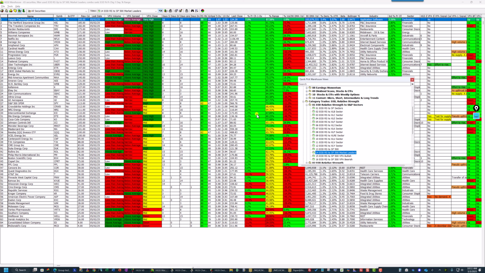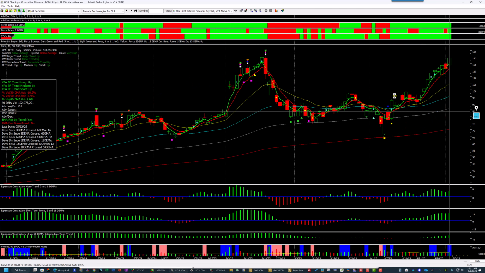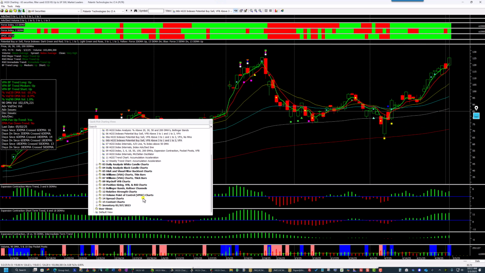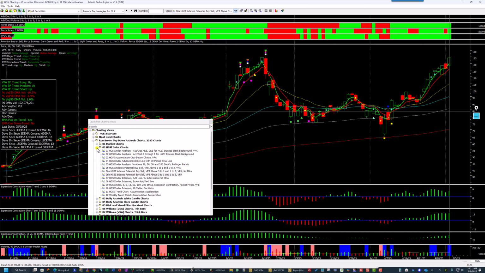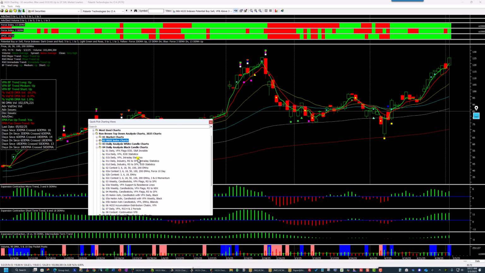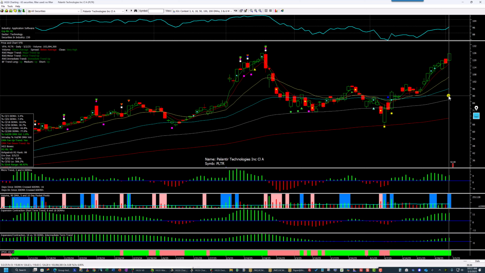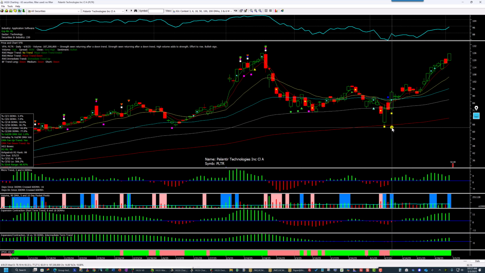Let's just bring PLNTR up, and I can get out of this chart because I don't need the internal information anymore. And I'll just go to my black charts here, and I'll use the 3-6 momentum chart here. And you can see that the crossover on this happened clear back here.